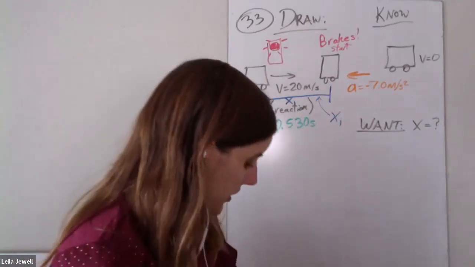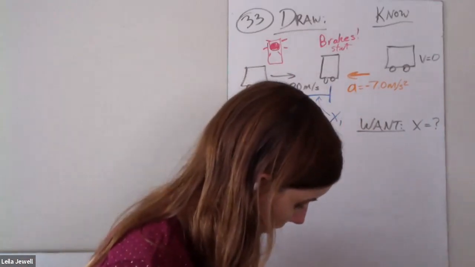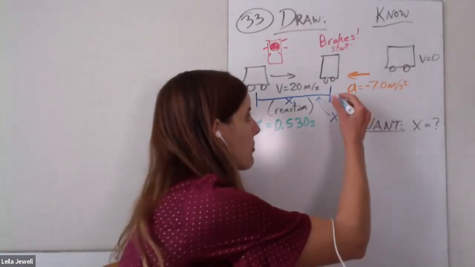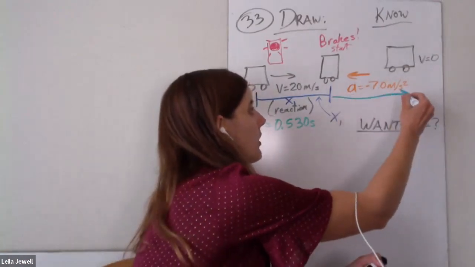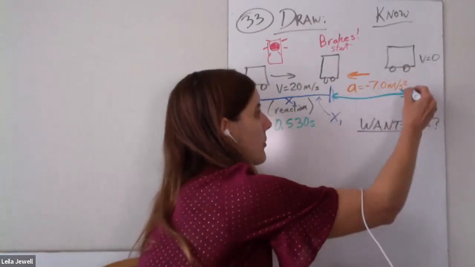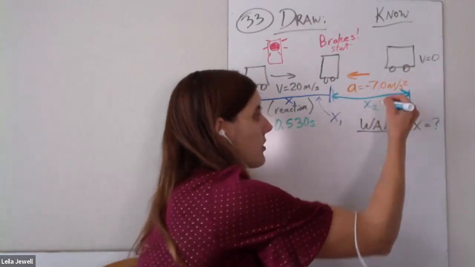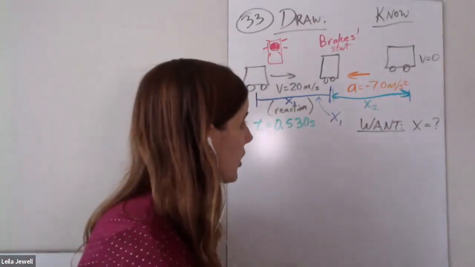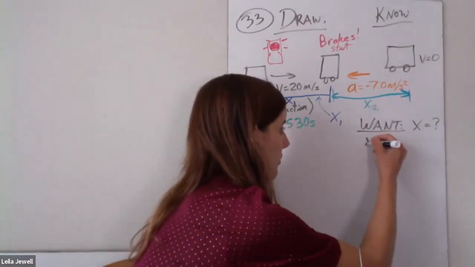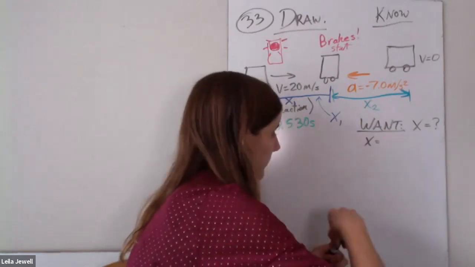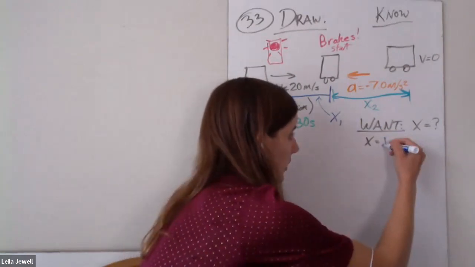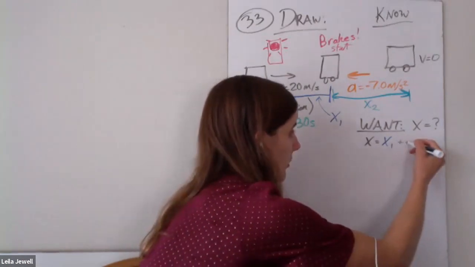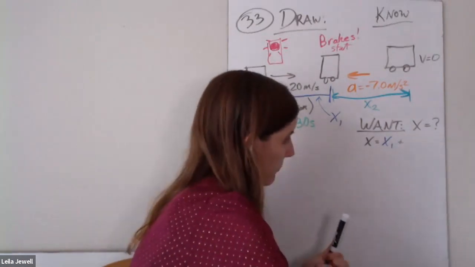And then the second segment is from when the brakes were first applied to when the car comes to a full and complete stop. So we'll call that x2. And so our total distance x is going to be a combination of x1 plus x2.